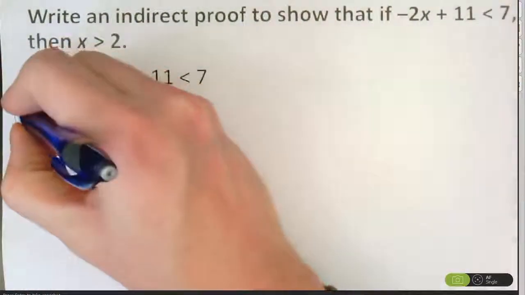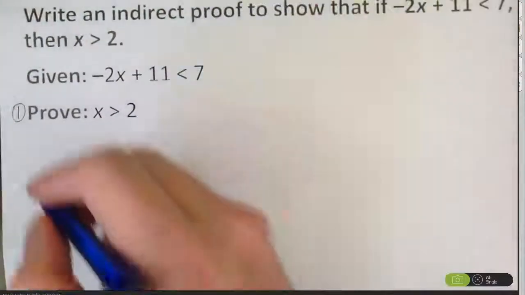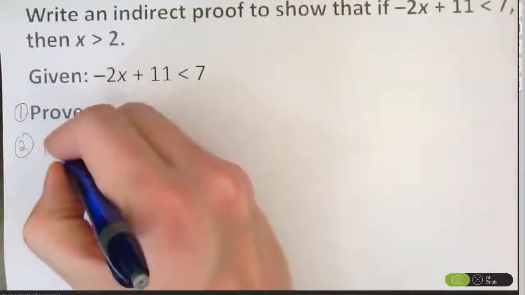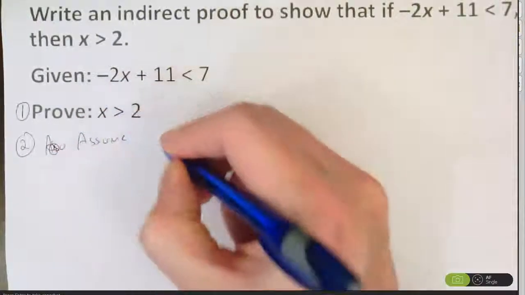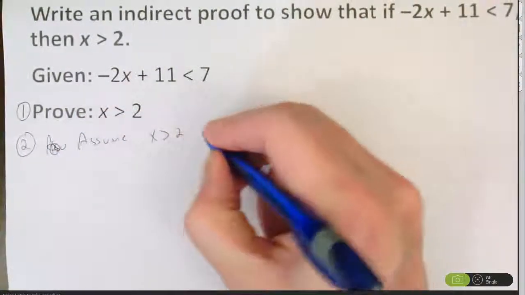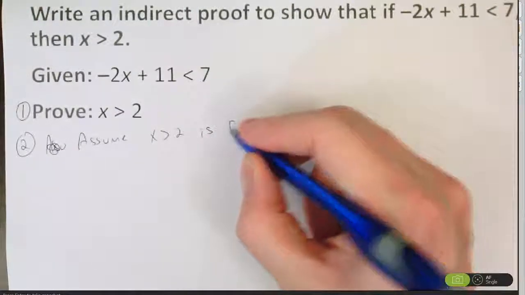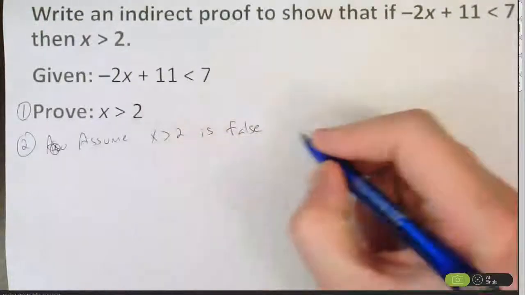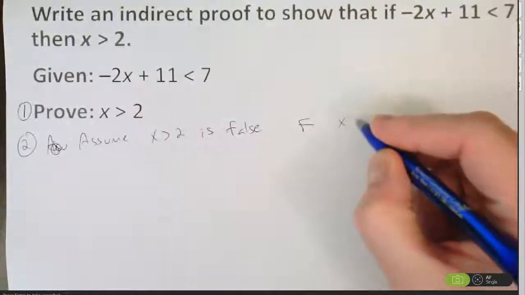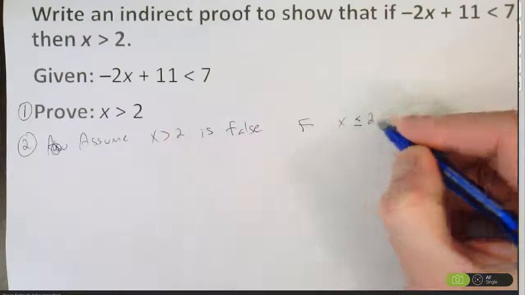The second step then is to assume this is false. If I'm going to do that, what I have to then assume is that x is actually less than or equal to 2.